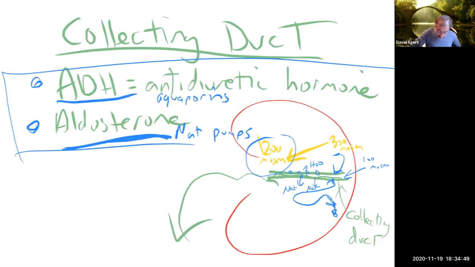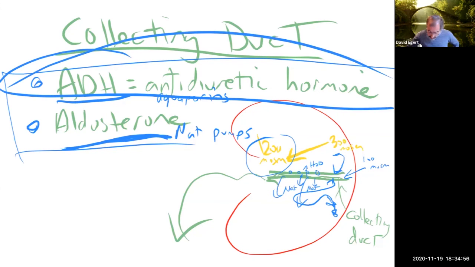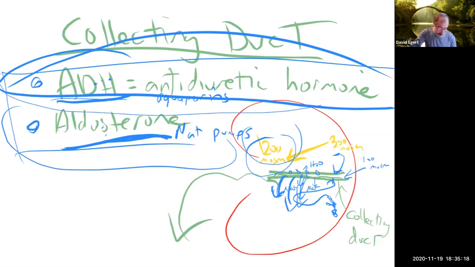We turn up aldosterone, which pulls even more sodium back into the body, and we turn on ADH, which opens the aquaporins. So that's even more of a gradient to reclaim water. If we're pumping sodium as well as having the intrinsic huge gradient, that's the maximum ability to keep water in the body. So sodium balance and water balance can be independent, but if you're really trying to keep water in the body, you can turn them both on.